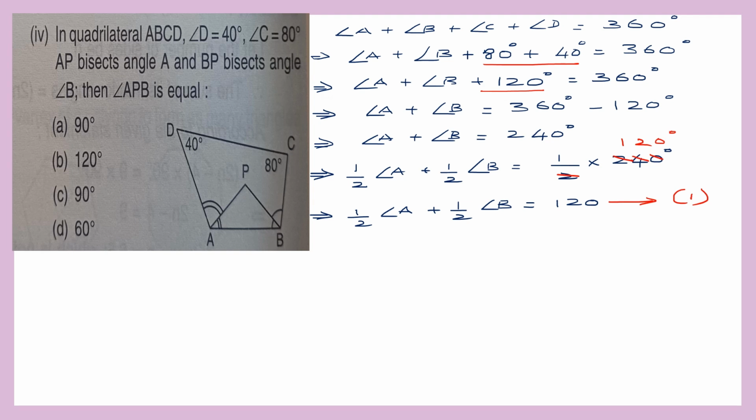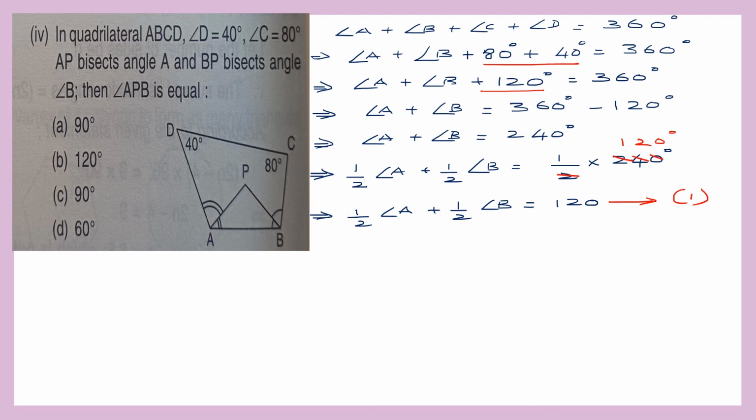Now look carefully. AP is a bisector of this angle, BAD, and it's also a bisector of ABC. So AP is a bisector of angle BAD and BP is a bisector of angle ABC. So this angle, half of angle A, is angle PAB.